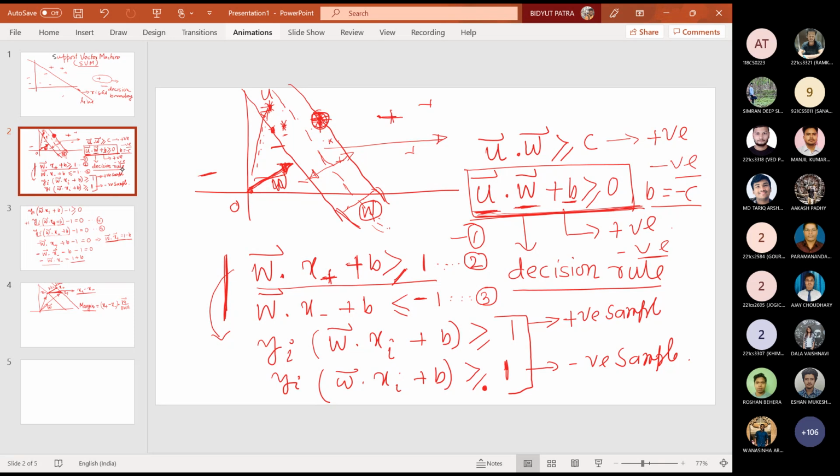So yi for positive sample is the class level, so this will remain the same thing. For the negative sample, if we multiply with -1, this will be +1 and because you are multiplying with -1, this lesser than will change to greater than, so therefore it will be greater than 1. Okay, so now you basically have one equation.